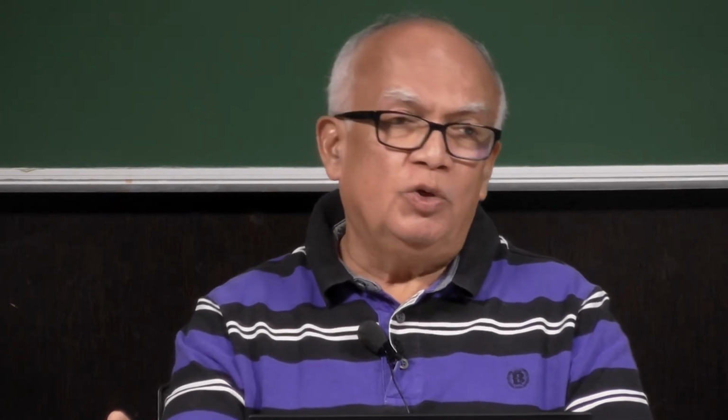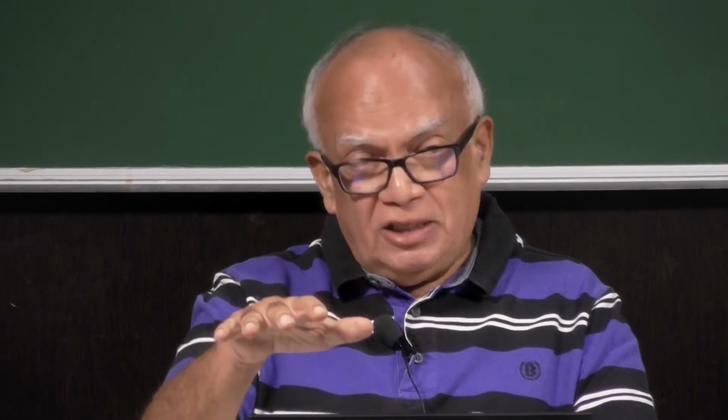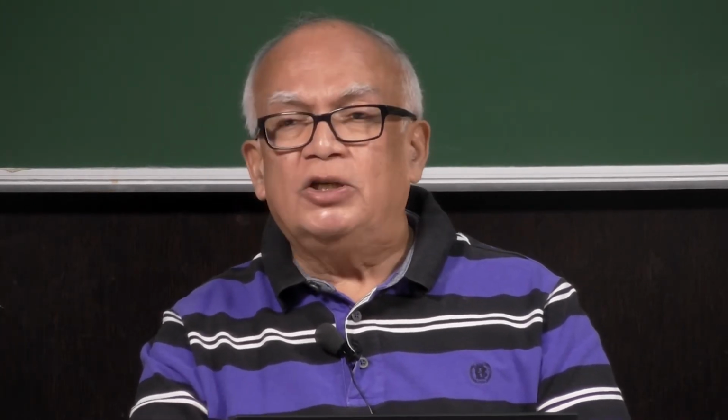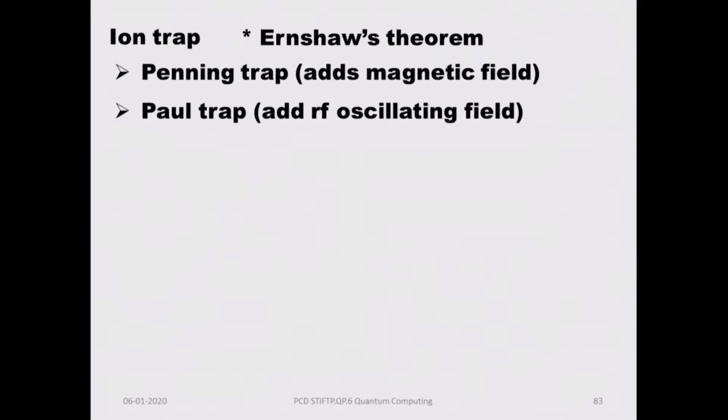And what does a measurement do to a superposition? The system collapses into an eigenstate. So it is not easy to sustain the superposition, and that's part of the reason why the principles of building quantum computers are known, but physically building them is not an easy task. There are many challenges. One of the biggest ones is decoherence. The readout is not all that straightforward, so you may get some errors over there.